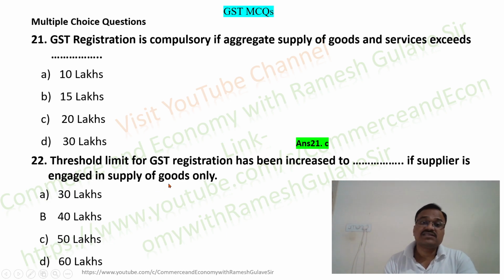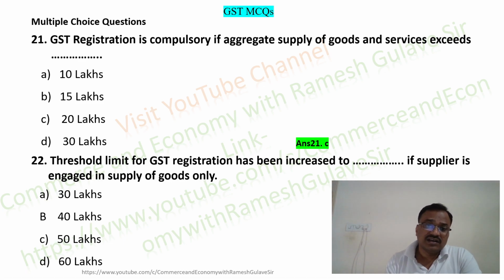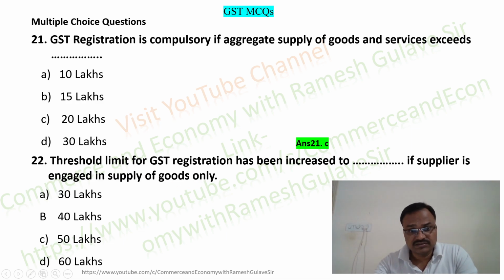Okay, and with certain conditions. There are certain conditions, like the trader must be selling his goods within a state only. In that case, this threshold limit is applicable. Otherwise, the limit is 20 lakh.